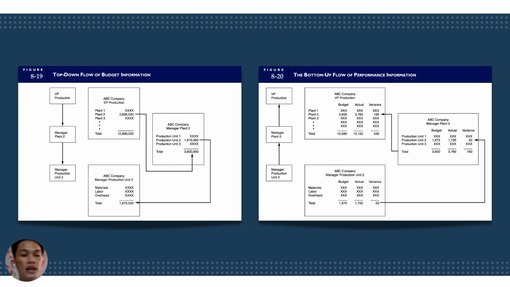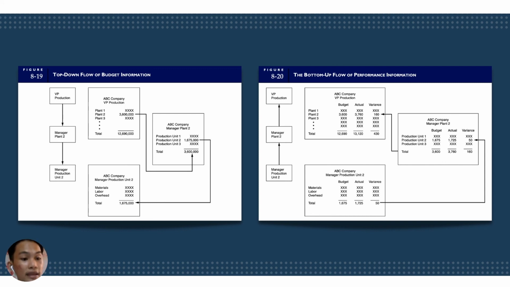So, if we notice, the budget, the allocated amount, is coming from the higher level of management, which is the VP production. So, it is allocated here how much he can give to plant 2, which is the manager of plant 2. If we notice here, it is allocated and stated here, the 3,600,000. That 3,600,000 is what can be given now to the manager of plant 2.